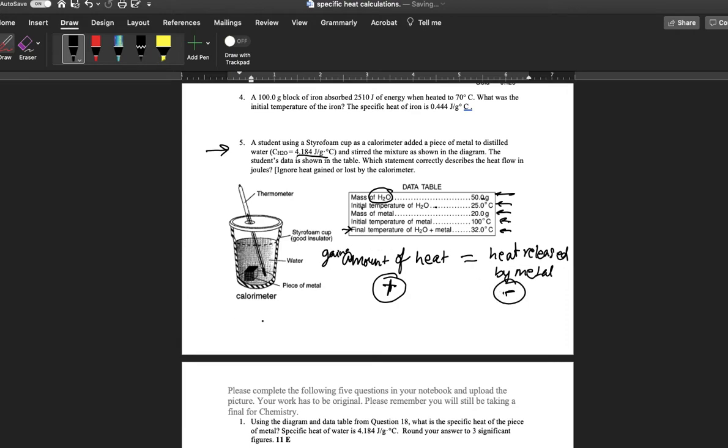So let's say if you're trying to find C of metal, right? Whatever Q you got from here, if you put a negative, will be the Q of metal.